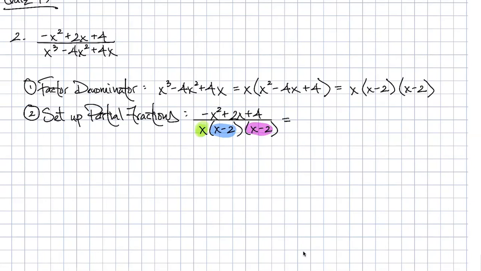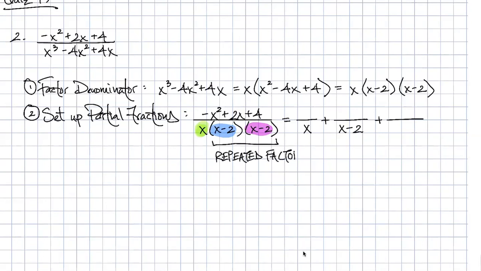Okay. So one denominator is going to be x, plus the next denominator is going to be x minus 2, plus the last denominator is going to be a little bit different because we have repeated factors.